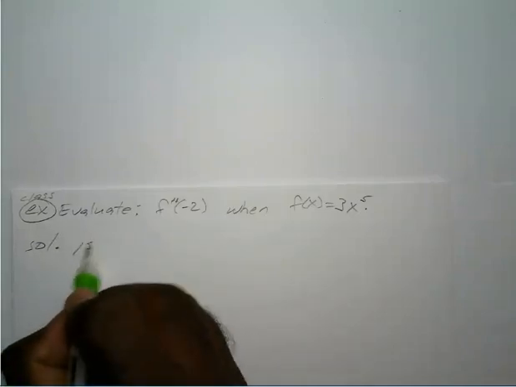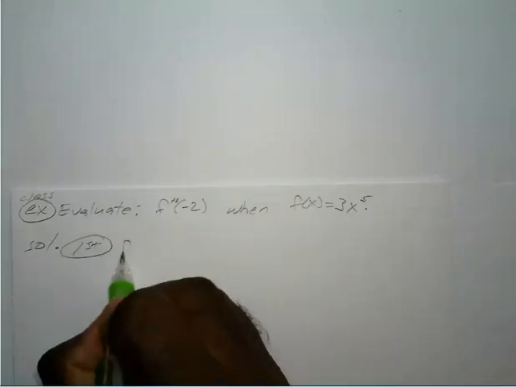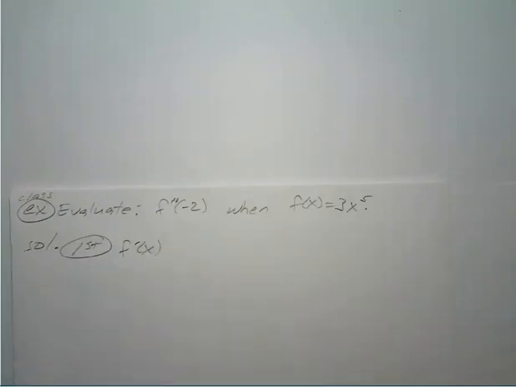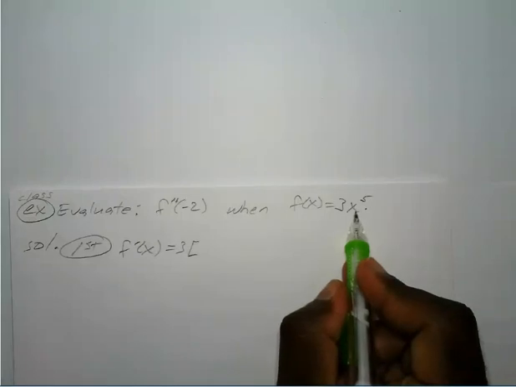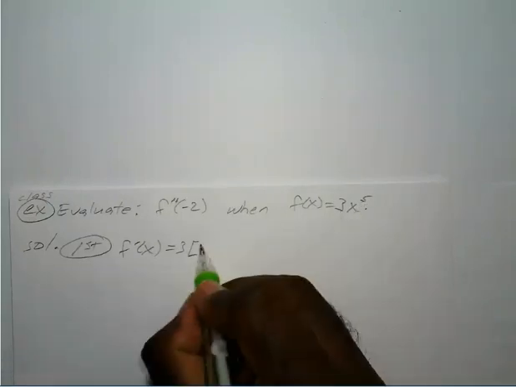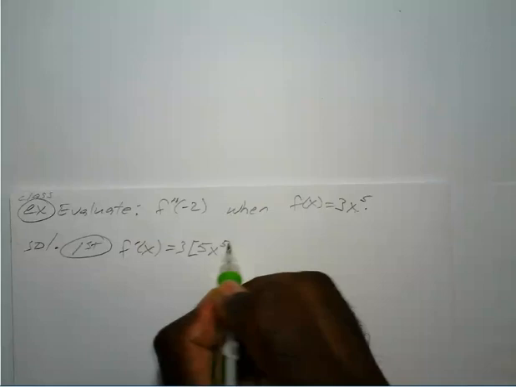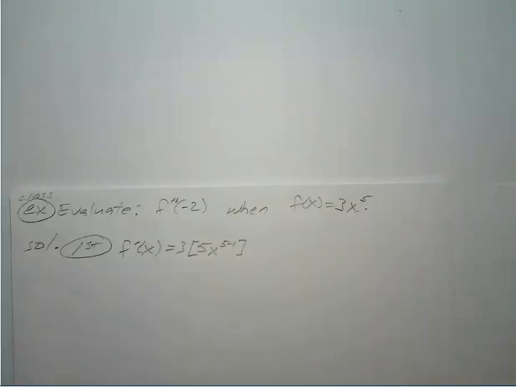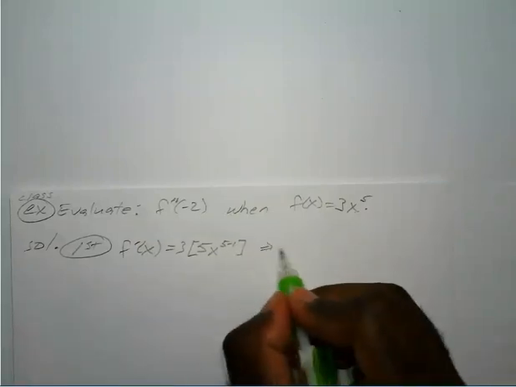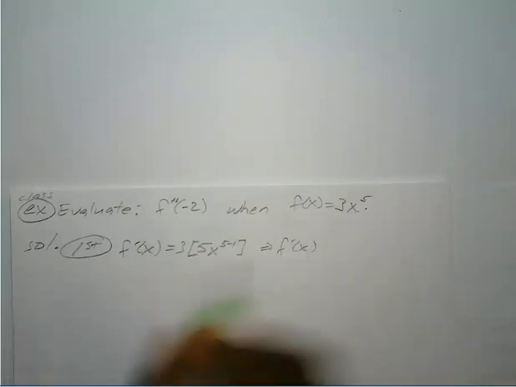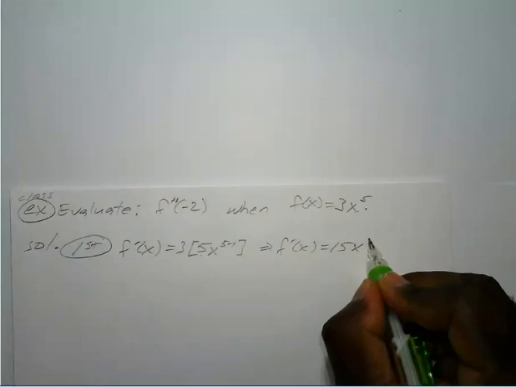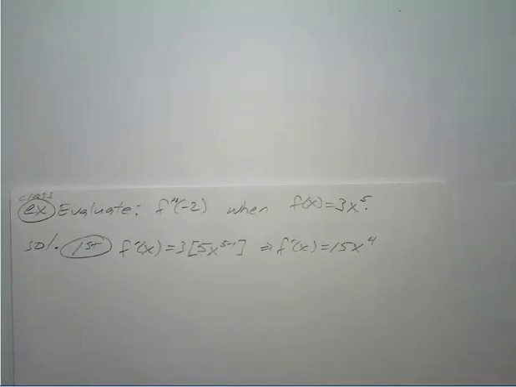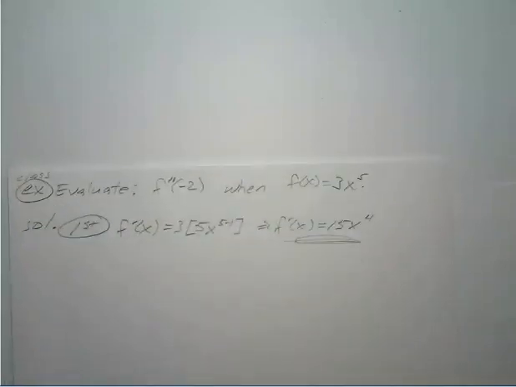Okay, so first thing you want to do, you find your first derivative. So your first derivative is 3 times the derivative of x to the 5th, so we bring down the 5 and subtract 1 from that exponent. So your first derivative, 3 times 5 is 15, x to the 4th power. Okay, so now, using that, we go ahead and find our second derivative.